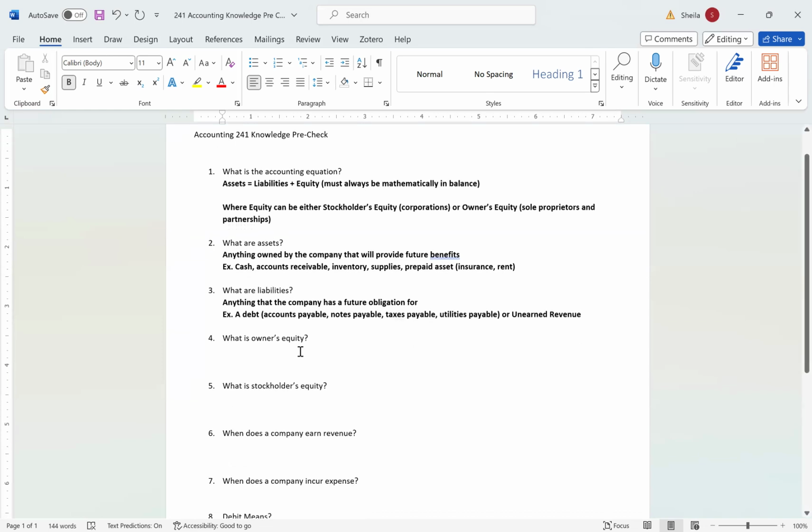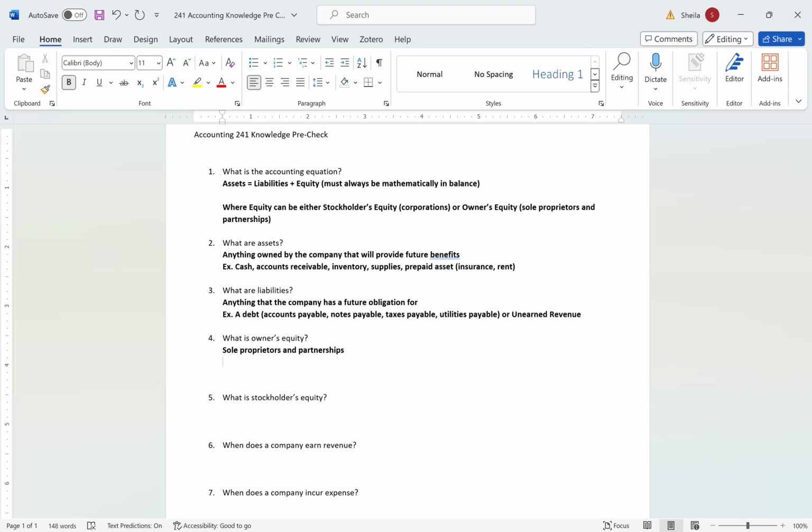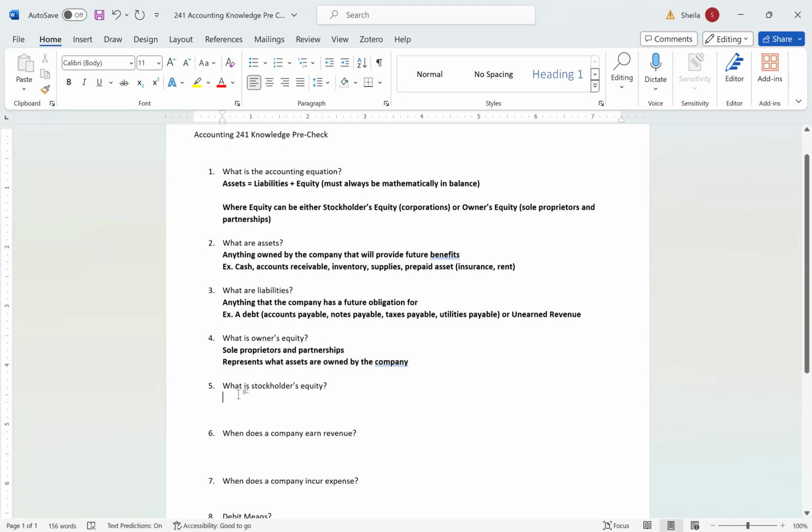Now, what is owner's equity? Again, this is for sole proprietors and partnerships. That is what equity is referred to when we're talking about a sole proprietor or a partnership. And the key with that is it represents what assets are owned by the owners. In a stockholders' equity situation, this is corporations.